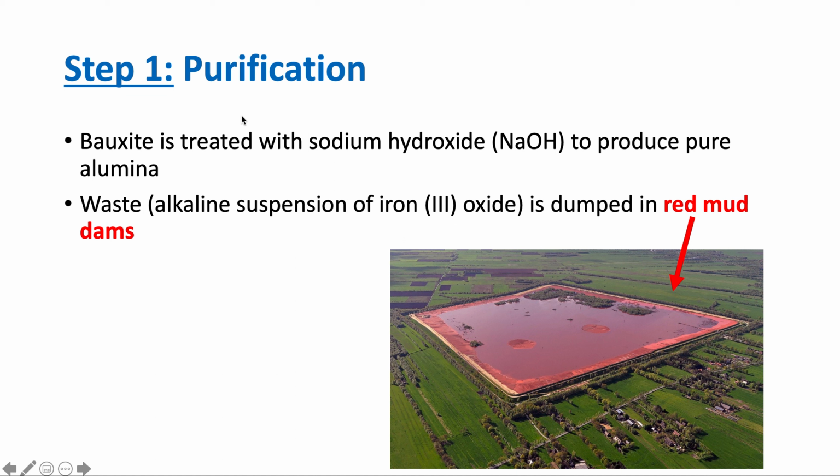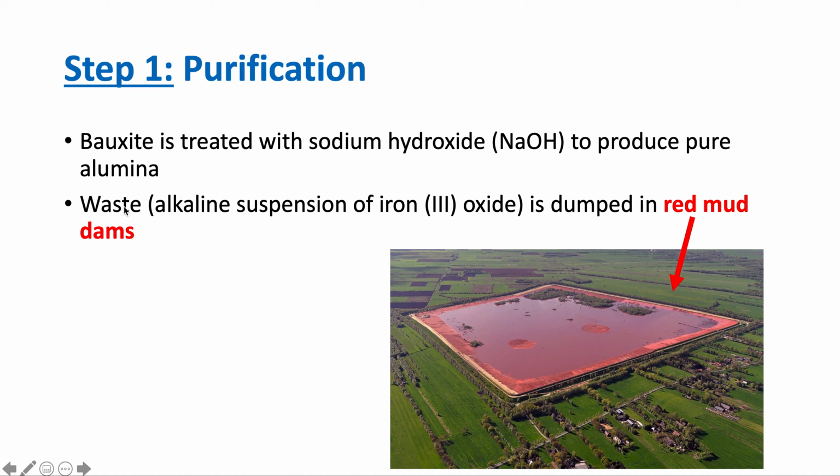Now, bauxite is about 60% aluminium oxide, Al2O3, with the remainder being iron oxide and silicon oxide. So we can see that bauxite has a few impurities, and it's treated with sodium hydroxide, NaOH, to produce pure alumina.